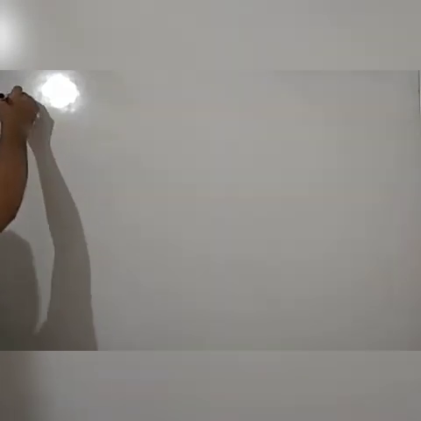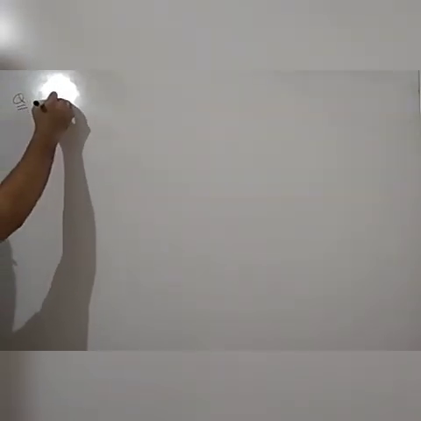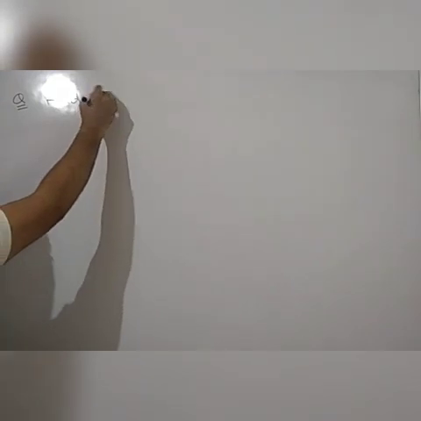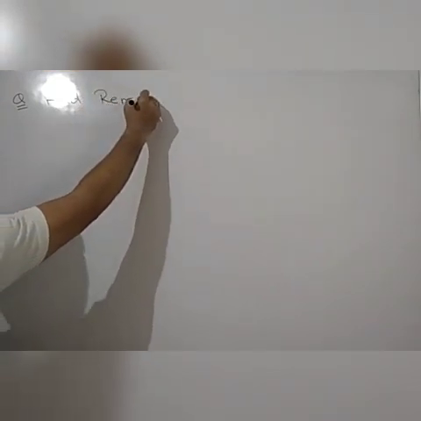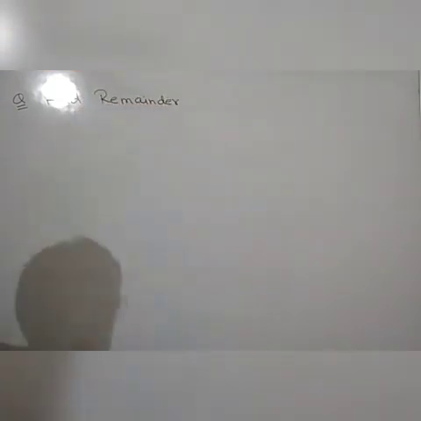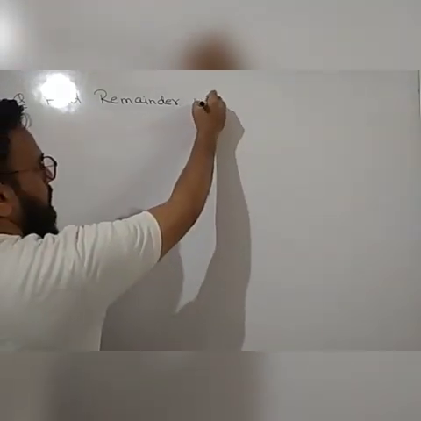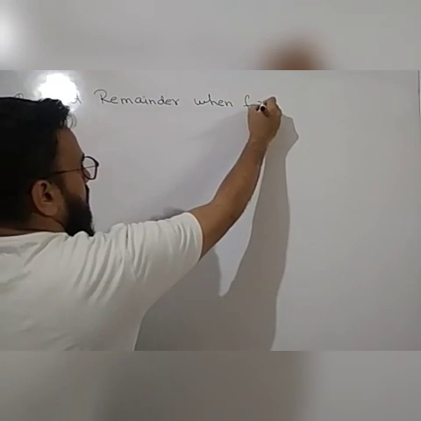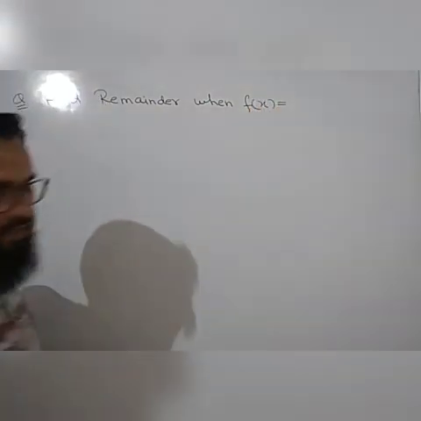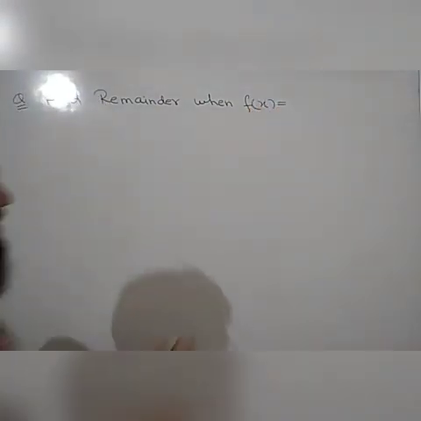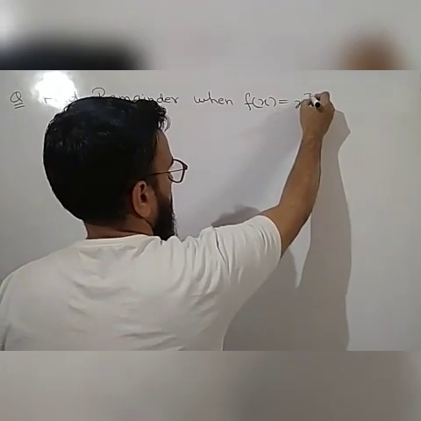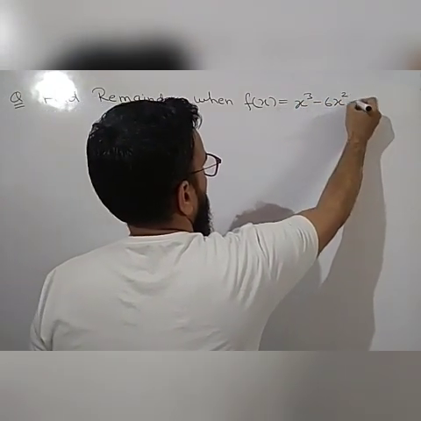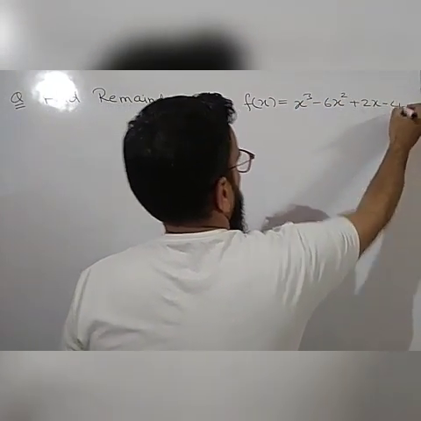Next question. Find the remainder when f(x) is equal to x cube minus 6x square plus 2x minus 4.